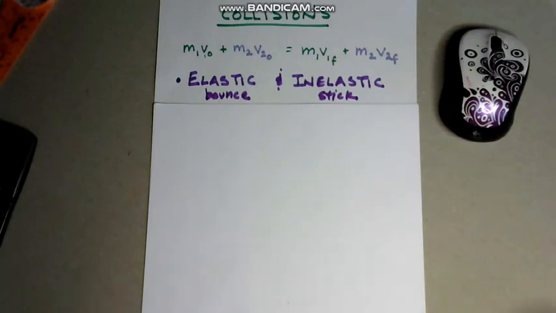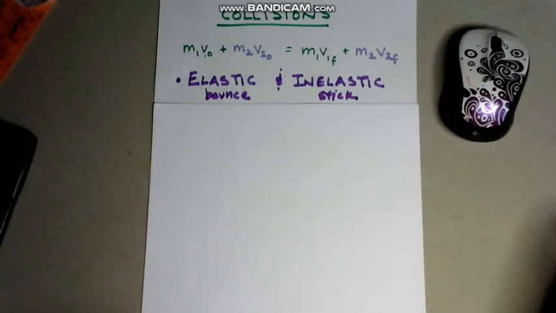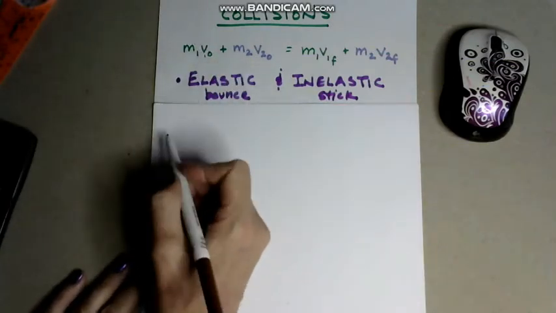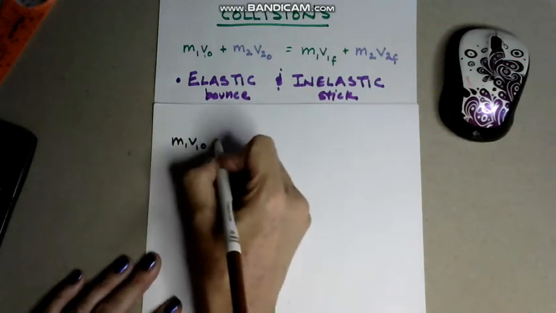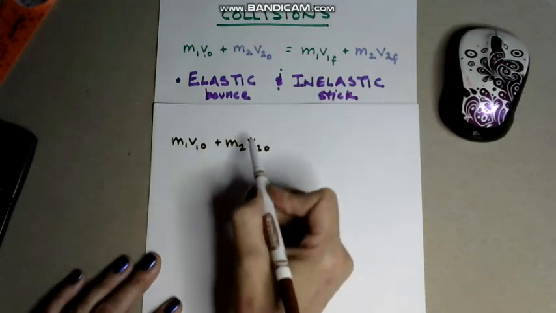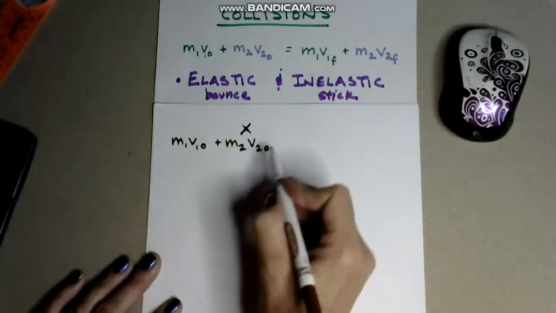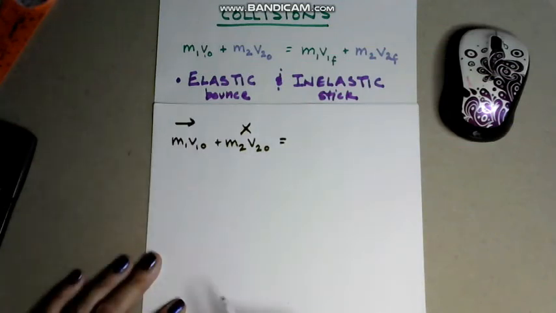Let's see how we can apply this equation to both situations. You just apply it. It works every time. If I've got M1 V1 initial and M2 V2 initial, let's say this one is still, so it's not even moving, but M1 V1 is moving.